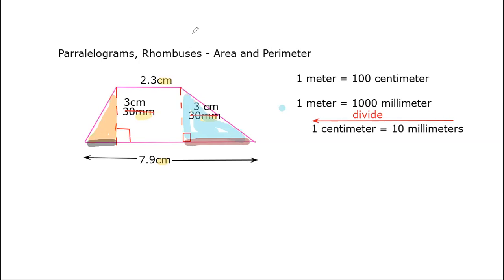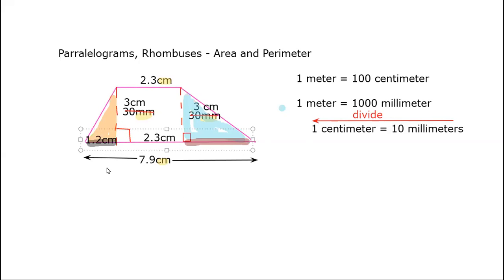Well, I know in this larger shape, the total distance here in the middle is 2.3 centimeters. And what if I was given 1.2 centimeters for the base of that yellow triangle?